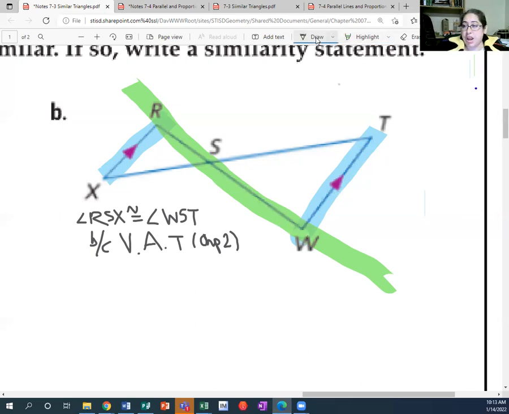If I think way back to chapter 3, when we first talked about transversals, alternate interior angles were congruent to each other. So I have angle R congruent to angle W because of the alternate interior angle theorem. And that showed up way back in chapter 3.